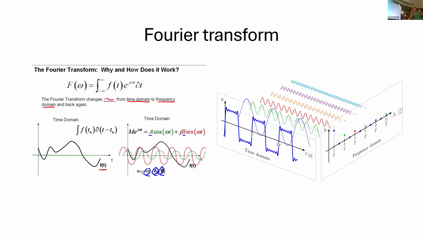For phase, we have a different transform, called the Hilbert transform. It's about the same idea, but instead of an x-axis of frequency, we have an x-axis of phase. And this will be used for a different type of signal and data analysis.